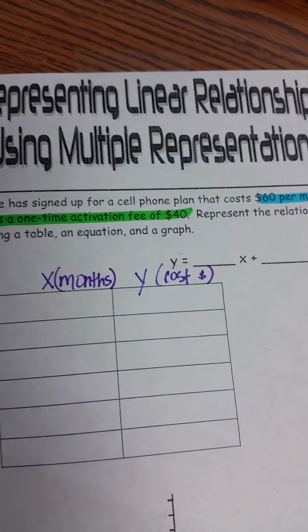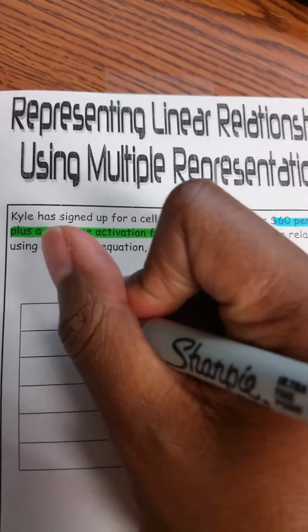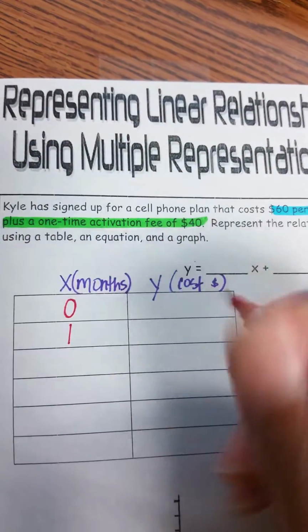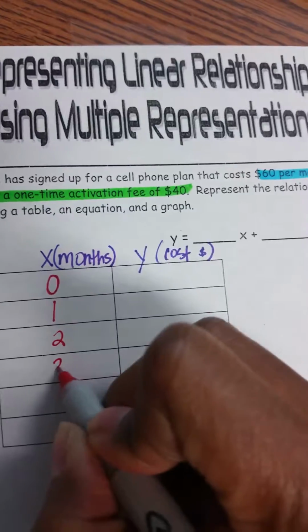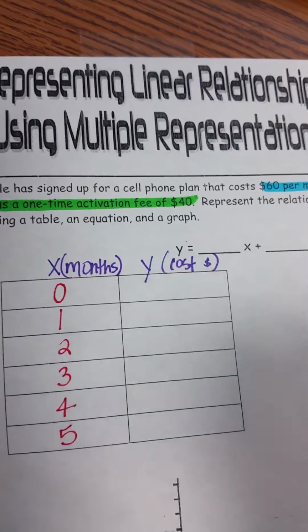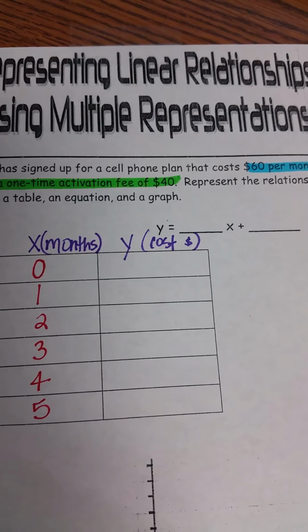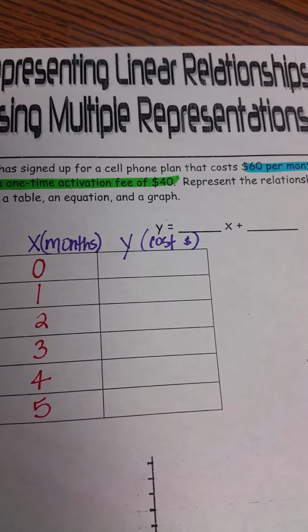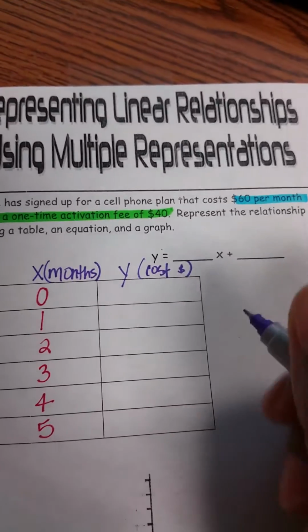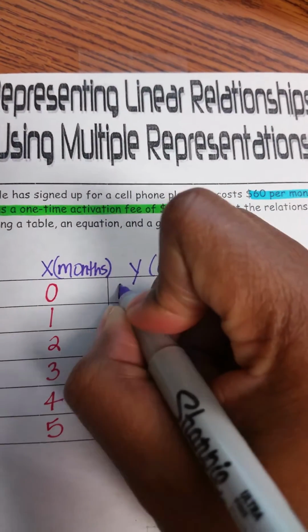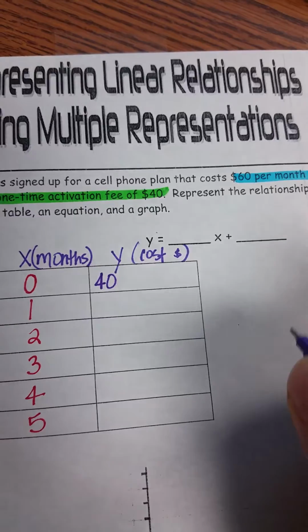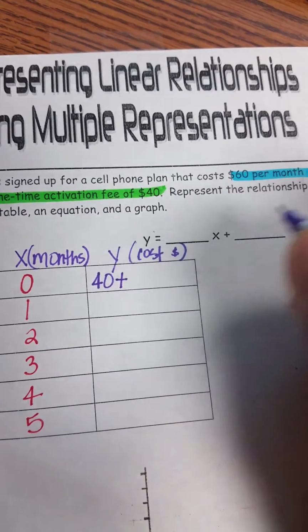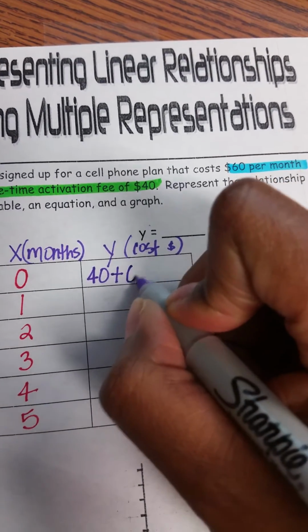On this table here, I'm going to start at 0, because that'll give me what my b value is, or my y-intercept. So my cost is 40. It's a one-time activation fee of 40. So 40 plus, and it's $60 per month.